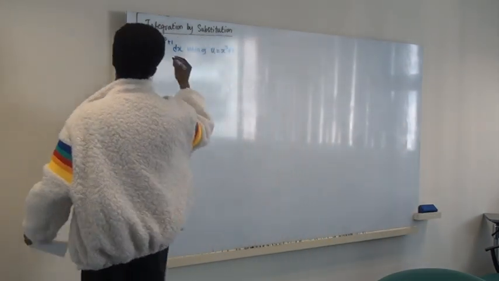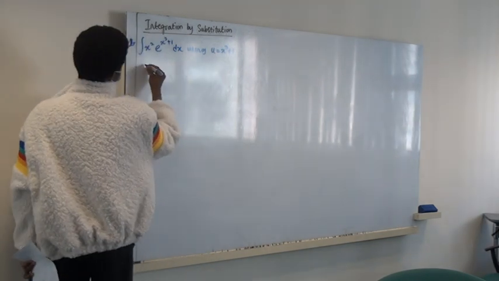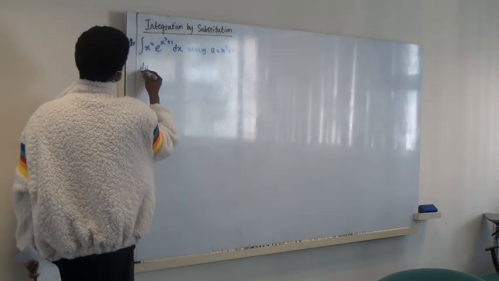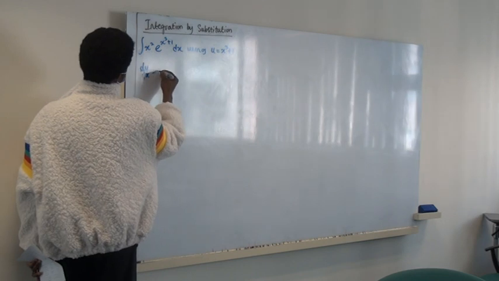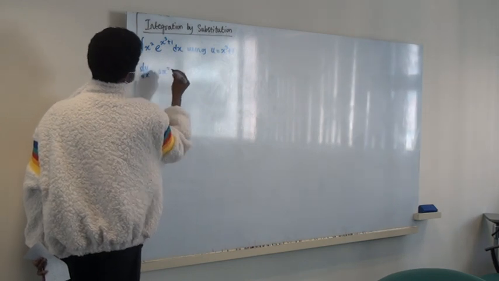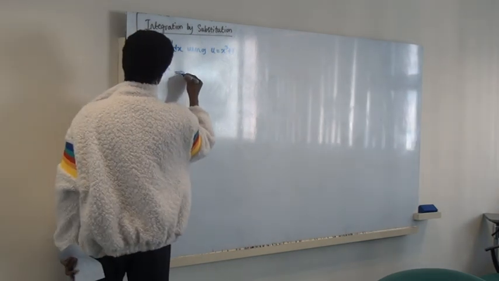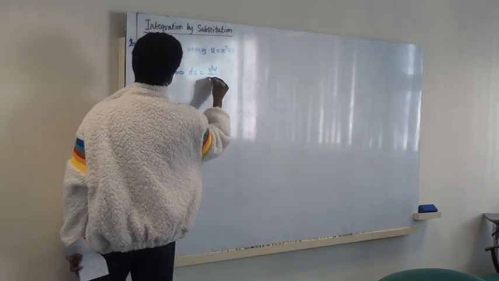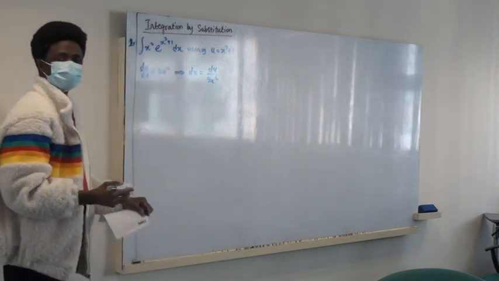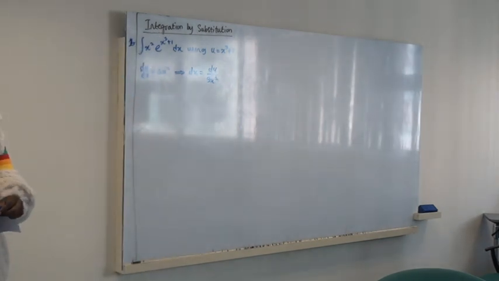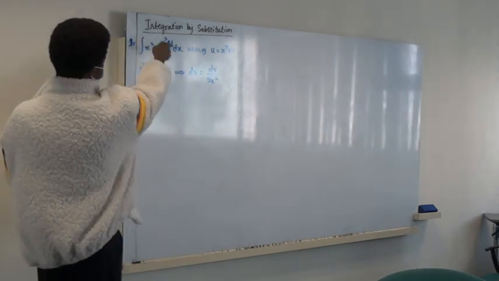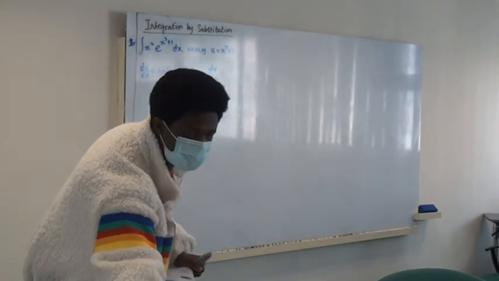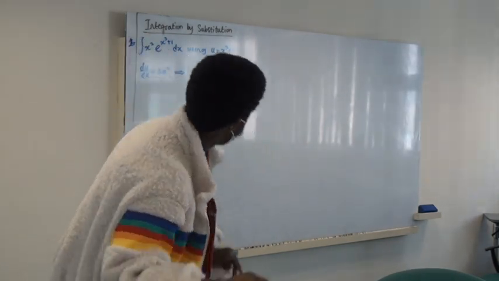Alright, so from u is equal to this, we start by saying du dx is equal to 3x squared, right? Which means that dx is equal to du over 3x squared. So the entire question has been transformed into something like this.